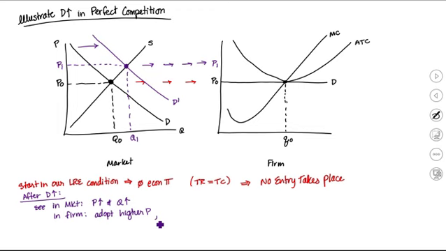Thank you. My demand curve is going to shift up because it's not going to be at price P0 anymore. It's going to be at price P1. So our demand curve has shifted up. So our demand curve has increased to D1. Everyone agree with that?